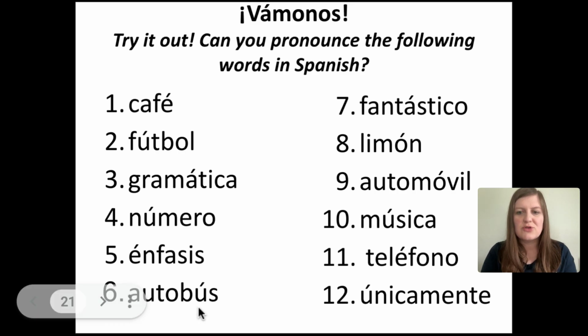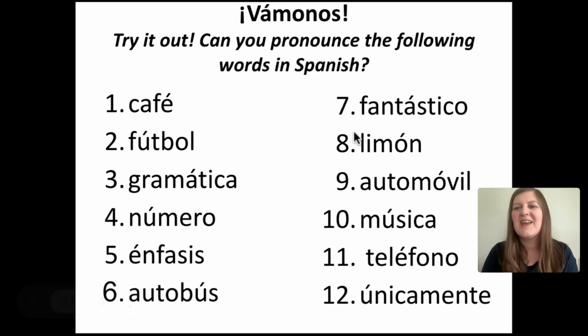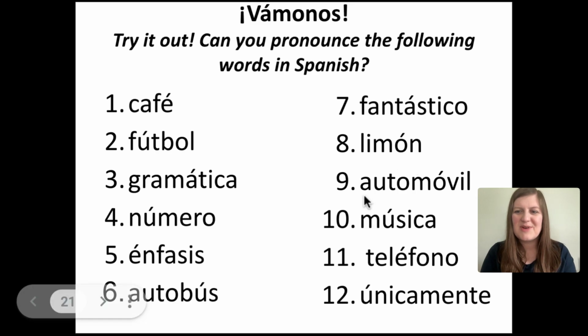Number 6, we have 3 syllables. Autobus. Here we have 4 syllables. Fantastico. 2 syllables for number 8. Limon. 4 syllables again for number 9. Automobile.